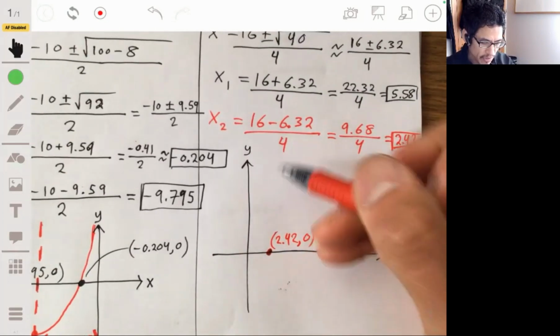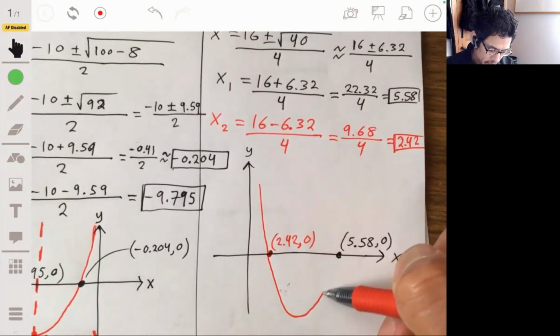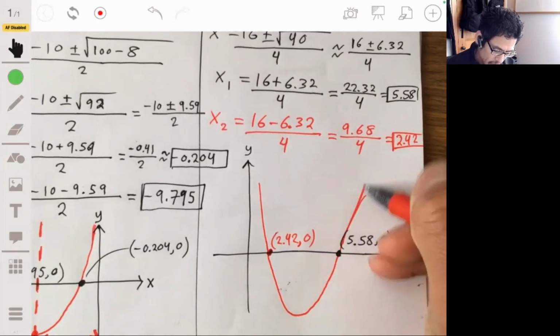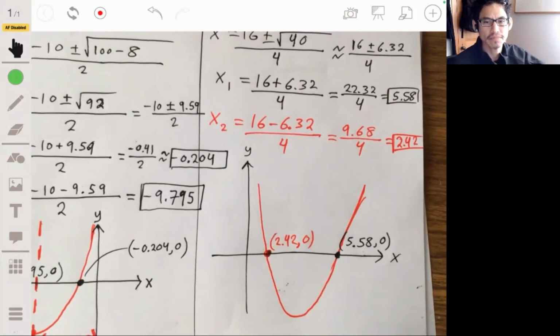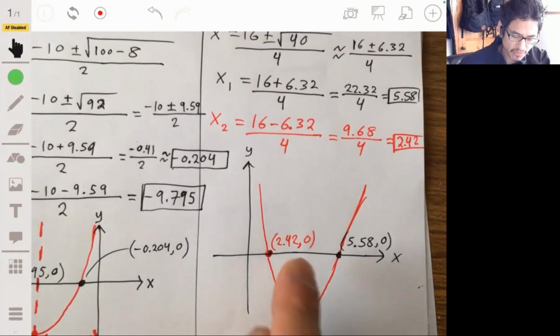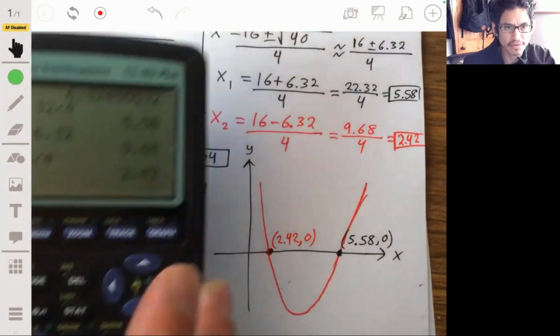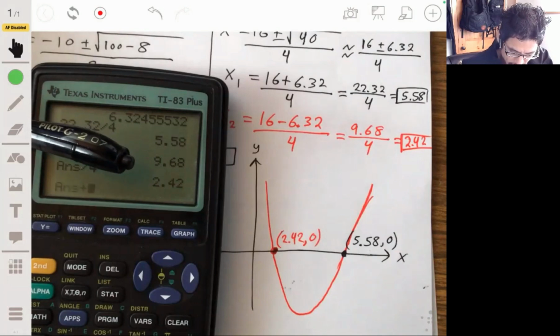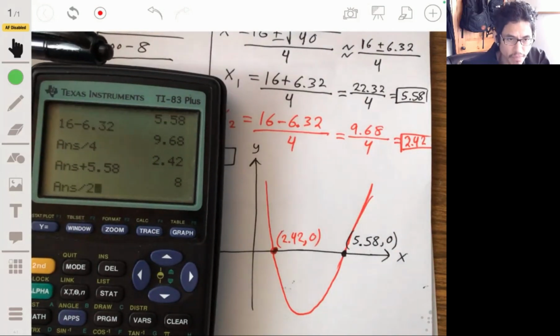And the parabola is going to open upward because the a is positive 2. You're going to have something like this. Now, again, you can just know where the vertex is by finding the middle of those two. If you can't do it in your head, just add them and then divide by 2, which will just be 4.